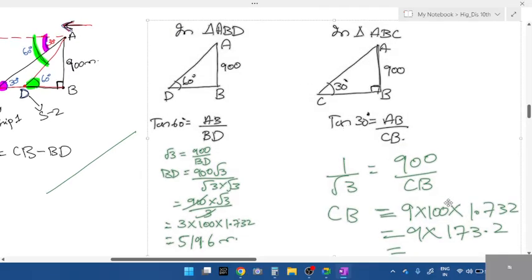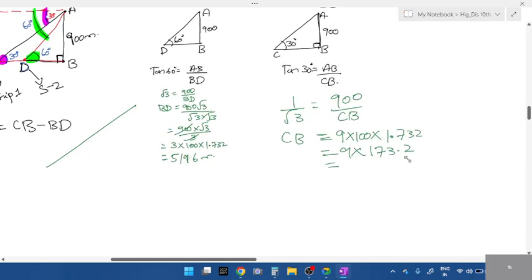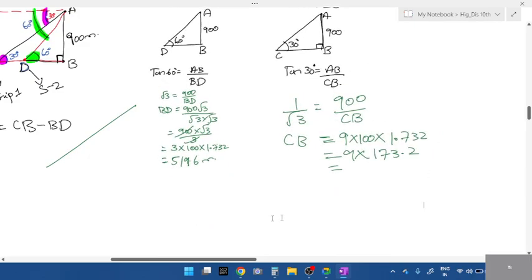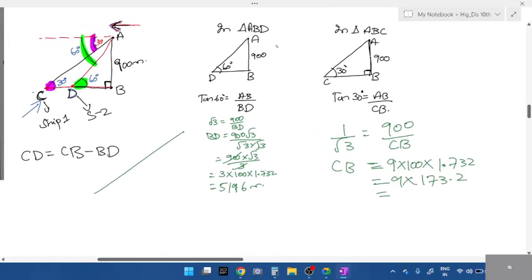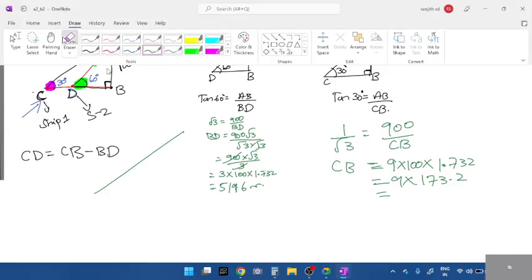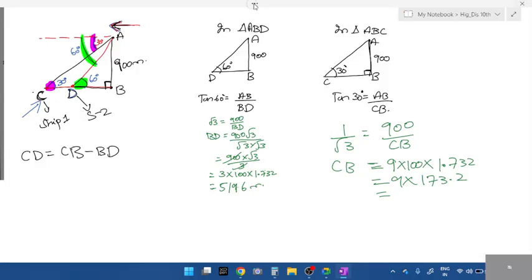Okay, what about this? What's the answer, students? What did you all get? 658. How come 658? How did you get 658? Why did you divide that? Are you referring to notes or online? How are you solving it yourself? Whatever I'm teaching, use the same concept, right? Then why did you split CB into two parts?